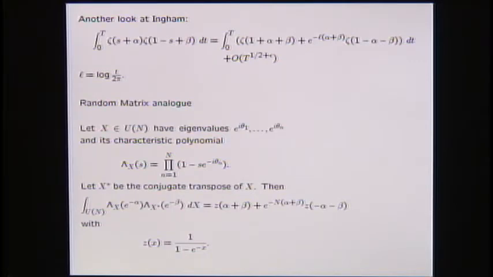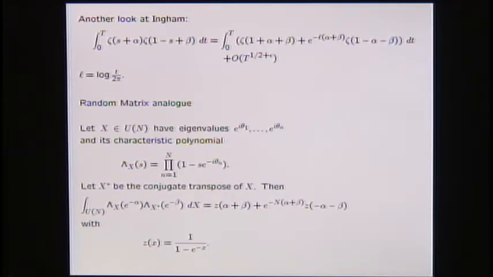Now on the random matrix side, you can do these kinds of calculations. Let's say you have a unitary matrix and its characteristic polynomial, or a version of the characteristic polynomial, is written like this, where the e to the i thetas are the eigenvalues.